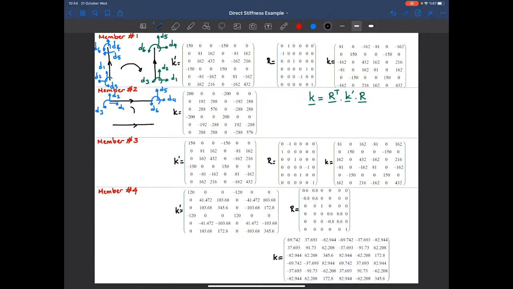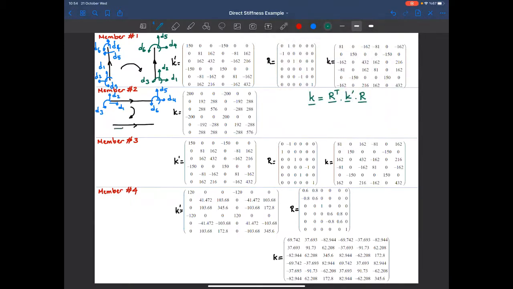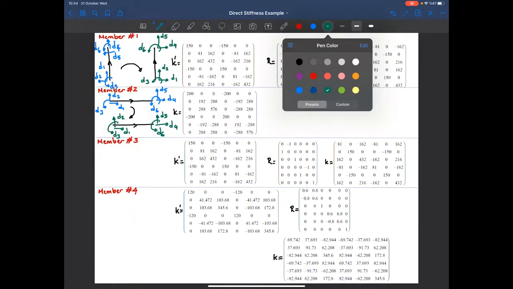We do the transformation, and after the transformation, again, since the rotation angle is 0, the directions are the same. So this matrix is actually equal to the local stiffness matrix for the second member. Let's go to the third member.